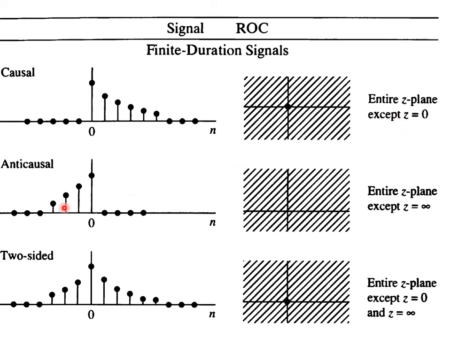Similarly, for an anti-causal sequence, the region of convergence is the entire z plane except z equal to infinity, and this is for the finite duration sequences that we did in example number 1. And if a finite duration signal is two-sided, then the region of convergence is the entire z plane except z equal to 0 and z equal to infinity. So this is all we can conclude from example number 1.